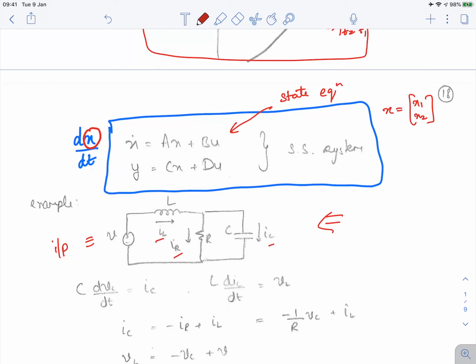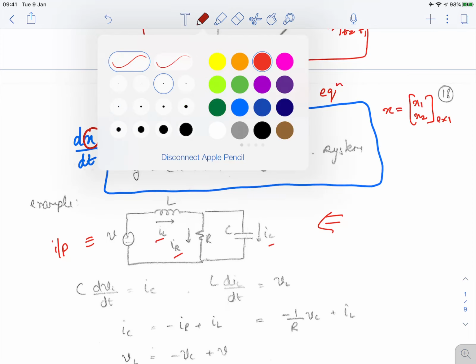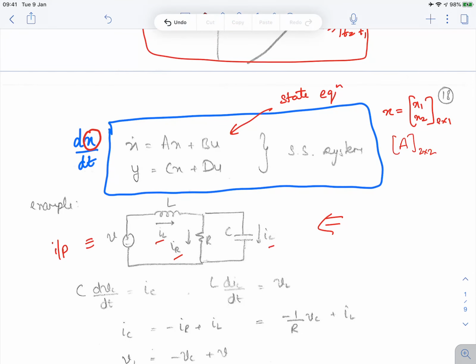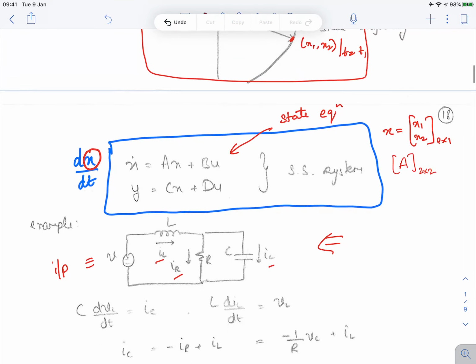In that case x is 2 cross 1, and my A would be a matrix of 2 cross 2, because x dot would also be 2 cross 1, x is 2 cross 1, so I would have A as a 2 cross 2 matrix.